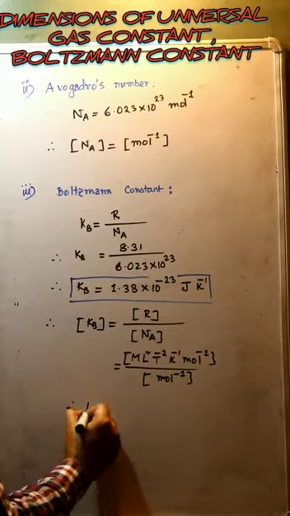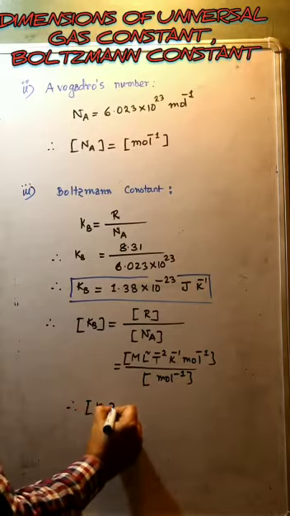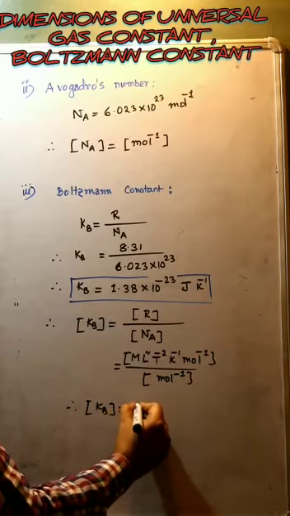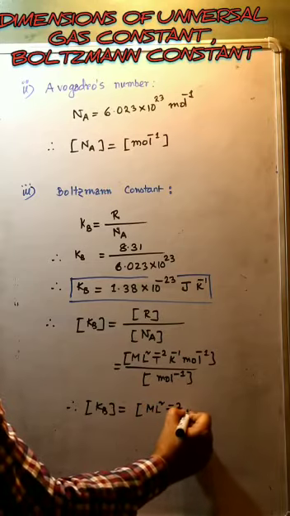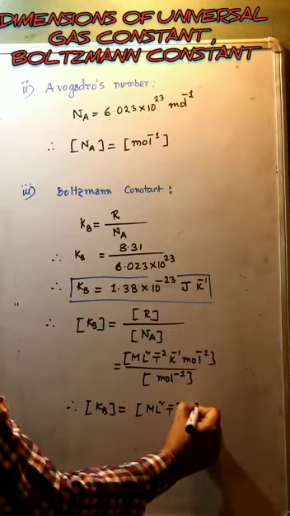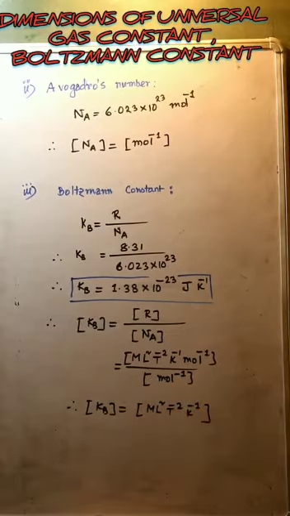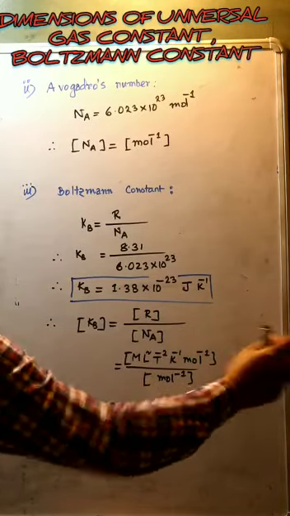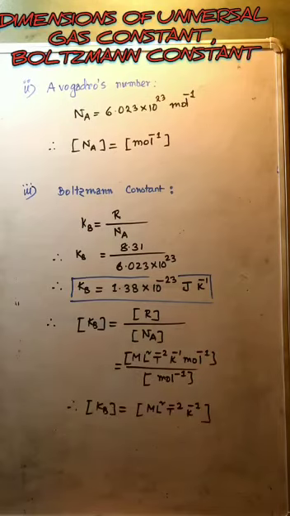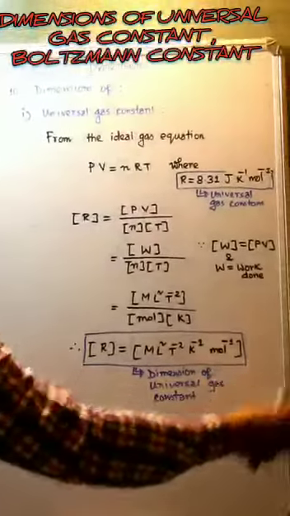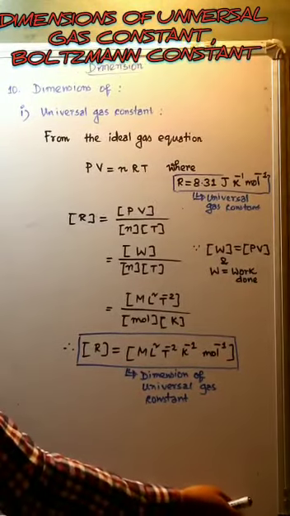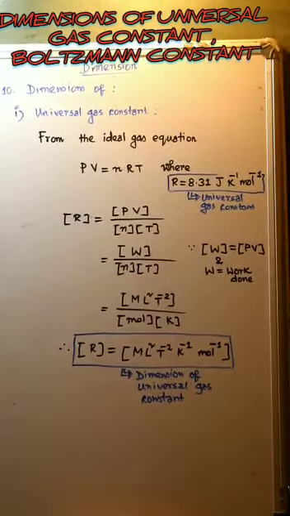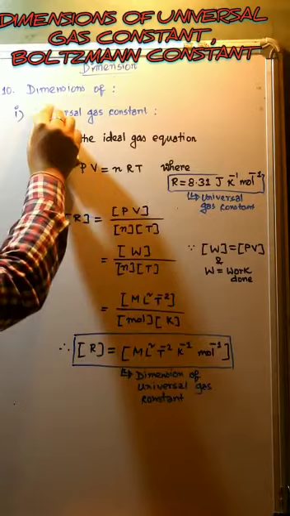So finally we get the dimension of Boltzmann constant as M L square T to the power minus 2 Kelvin inverse. Now, the next quantity we have to know is the dimension of Planck's constant.